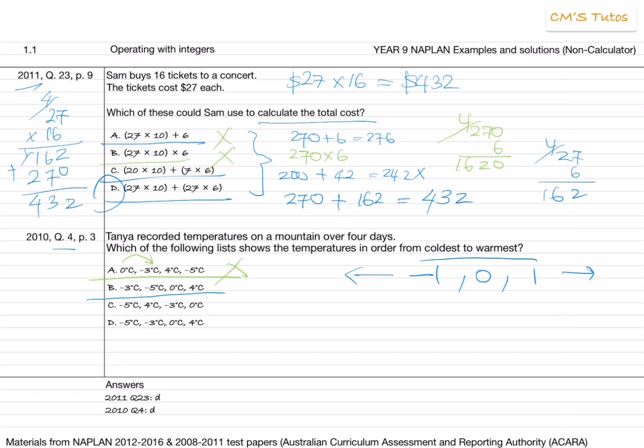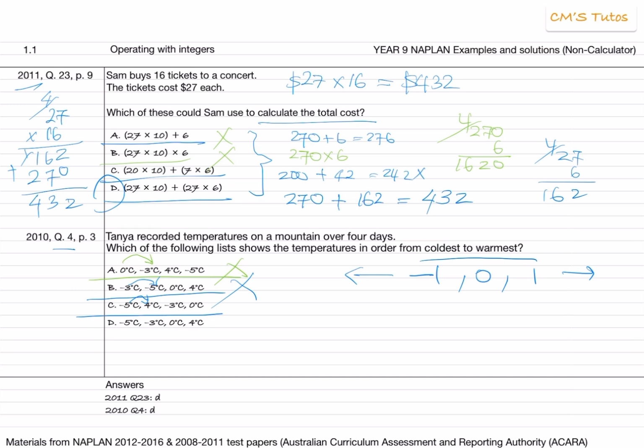After minus 3, we're kind of expecting minus 2, minus 1. So it's out of our list. And the third option, what about that? Minus 5. After minus 5, I'm expecting minus 4, minus 3, minus 2, minus 1, 0. Still out of our list.